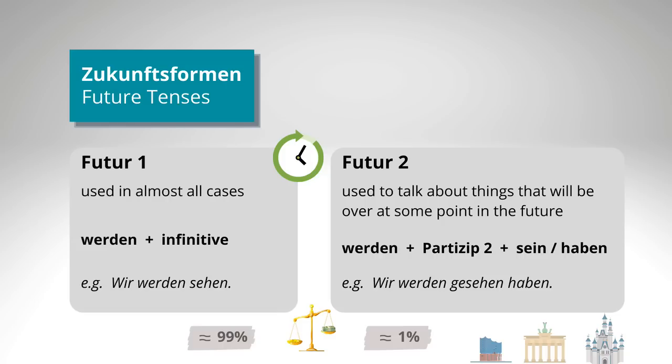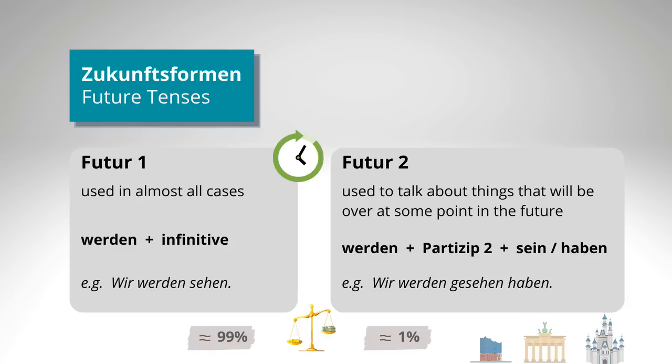When we have the Partizip 2, we still have to add sein or haben. Luckily only their infinitive, so we don't need to conjugate them. In most cases we use haben, but if we have a verb that involves some form of movement or action, we use sein. For example, wir werden gesehen haben. We will have seen.